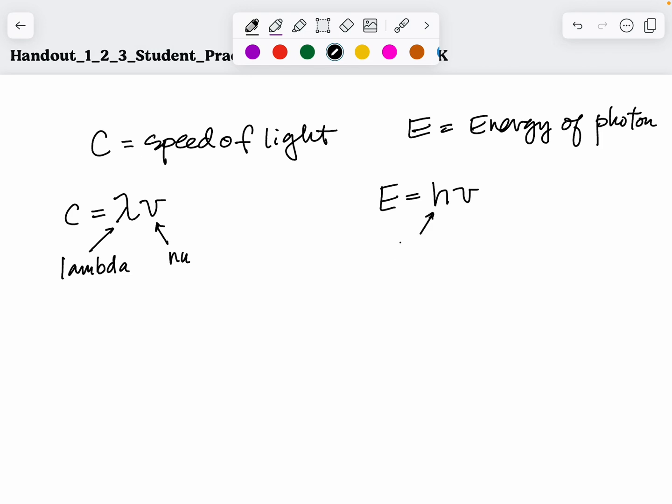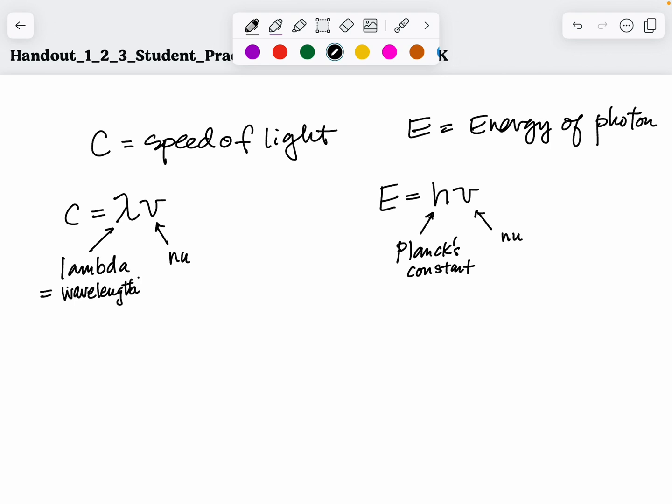So this is Planck's constant, and we're going to use a version of Planck's constant, and of course this is frequency, that's nu. So lambda is wavelength.